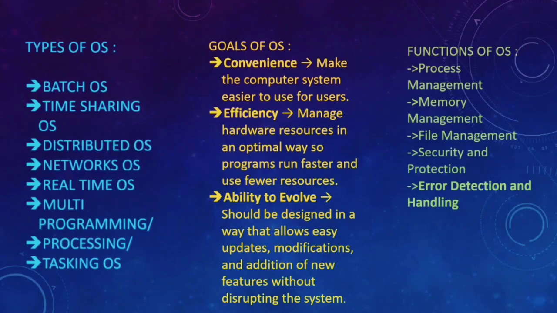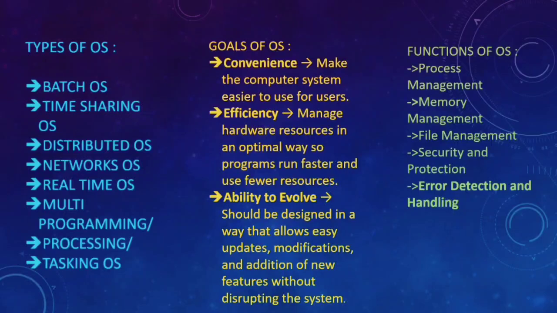Now let's talk about the different types of operating system. First we start with batch OS. In the earliest days, jobs were collected in batches and executed one after another. Users had no direct interaction. Example, early IBM mainframes. Then after that, time sharing OS, where many users share the computer at the same time. The CPU divides time into small slices for each user. Example, Unix.